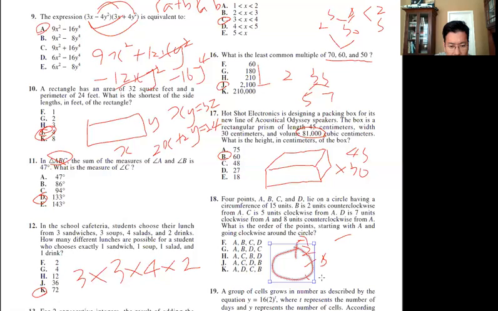So A, B, C. And this is 3 now. Okay, and then D is 7 units from there. 7 units probably somewhere here. Right? And then that's D. Another 2.